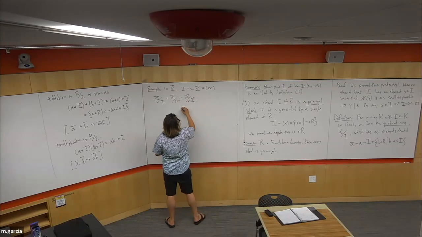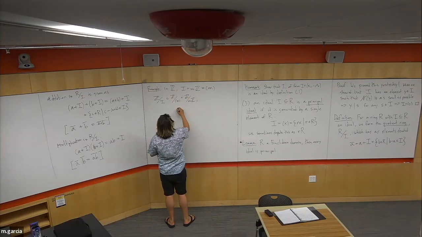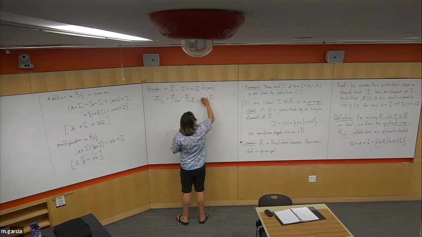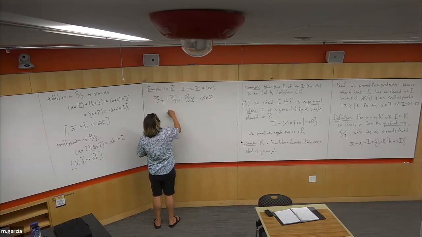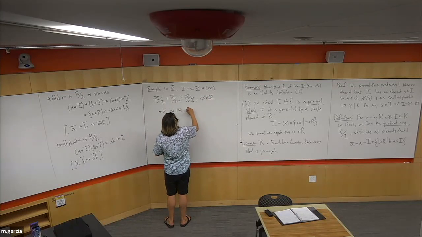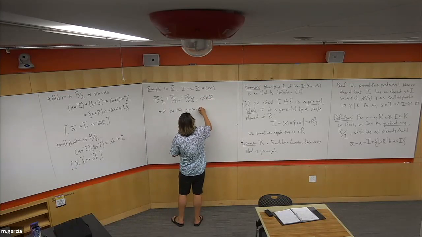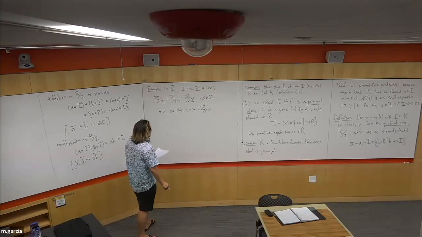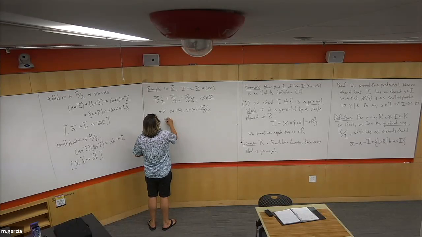What do we have then? For an example, I'll take two integers, R and S. Then I have two residue classes, R plus parenthesis M and S plus parenthesis M in Z mod parenthesis M. If I want to add these together, what am I doing?